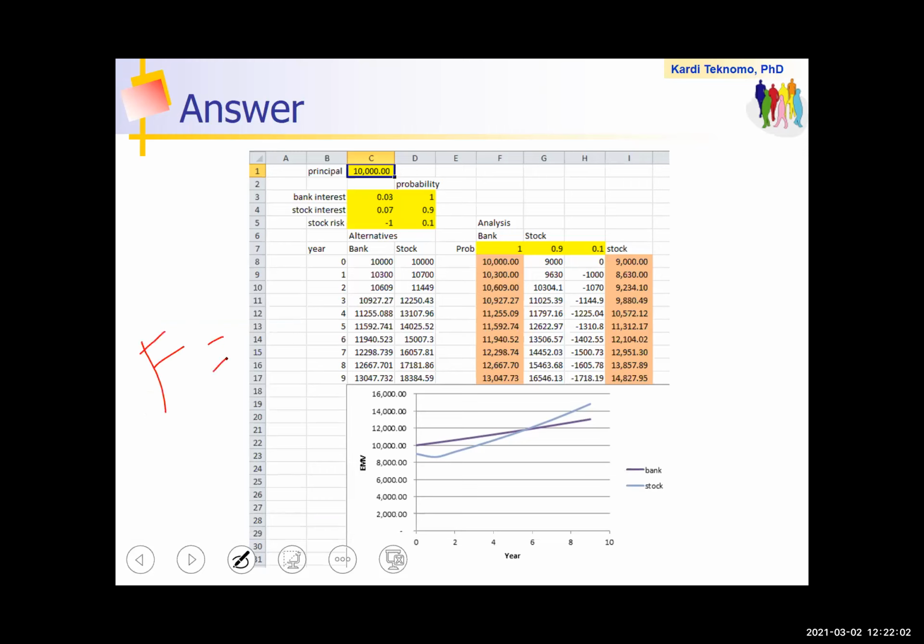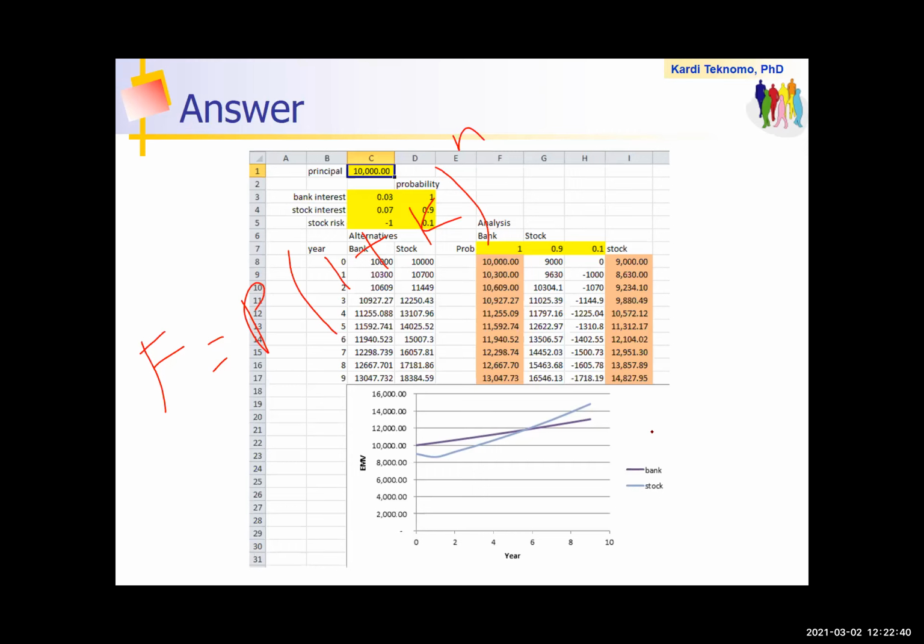The future value equals the present value multiplied by 1 plus k exponent n. So the future value depends on the present value multiplied by 1 plus the interest rate, multiplied by exponent n, where n is the number of years. With that, now you can also calculate the EMV for each decision.